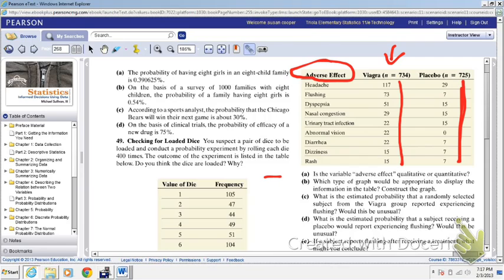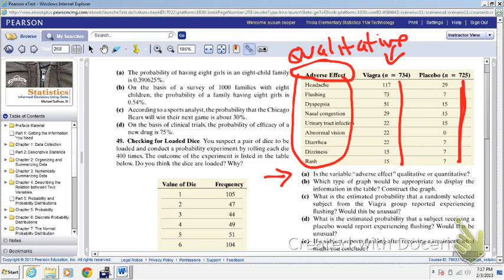So, for example, in Part A, it says, is the variable adverse effect qualitative or quantitative? You would say it's qualitative, because if I ask you what kind of adverse effect did you have, headache, did you have nasal congestion, these responses right here are, note to self, qualitative.